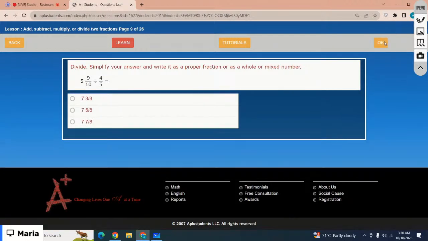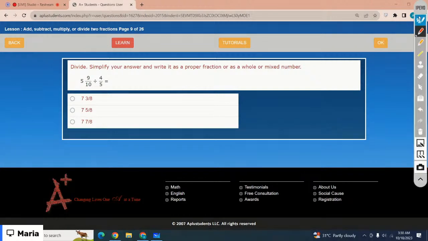Okay, the next one is divide 5 whole 9 by 10 divided by 4 over 5. So which is the correct option? That would be 10 times 5 is 50 and plus 9, 59 over 10. Replace the division sign with multiplication. That would be 5 over 4. 5 times 1 is 5, 5 times 2 is 10.